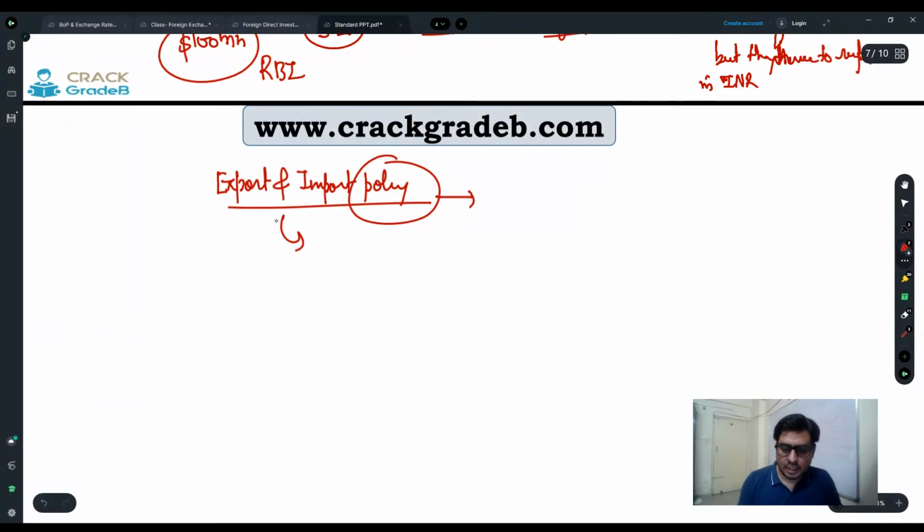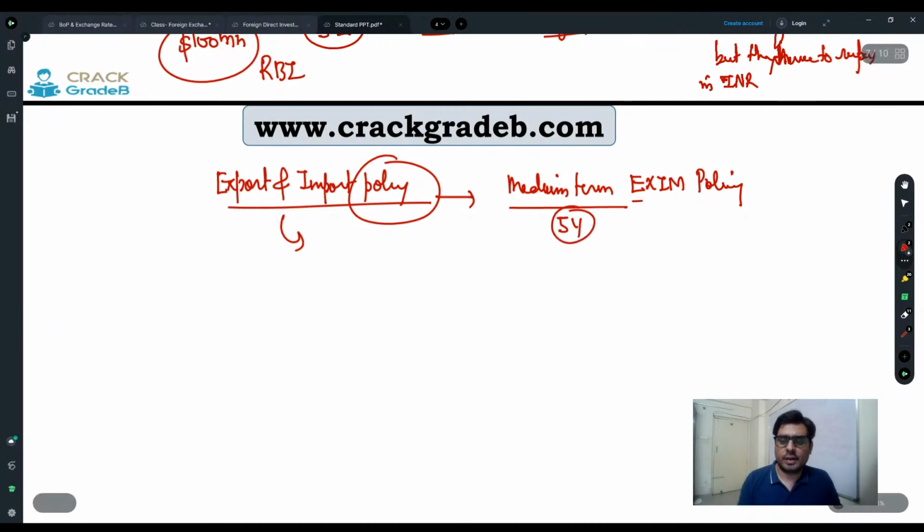So, in India, we set a medium term export-import policy. When we say medium term, it is 5 years. So for every 5 years, we set our goals of export and import.